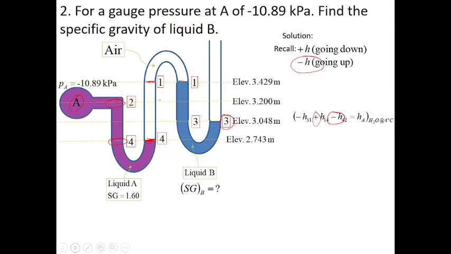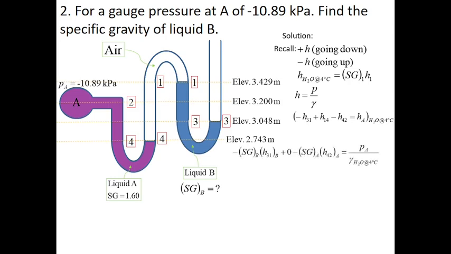Now, we proceed with the next step. Recall that the pressure head of water at 4 degrees Celsius can be obtained by multiplying the specific gravity of a certain liquid to its pressure head. Also, the pressure head formula is simply pressure over specific weight. So this will now be the corresponding equation.